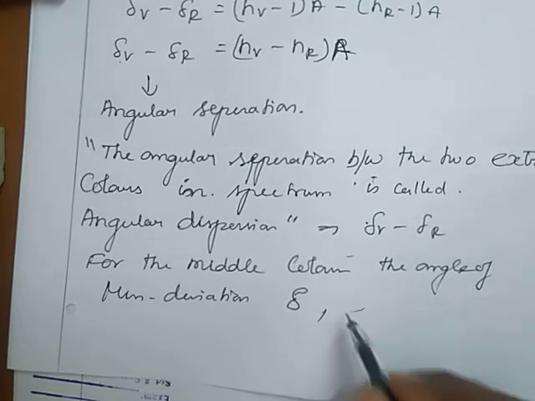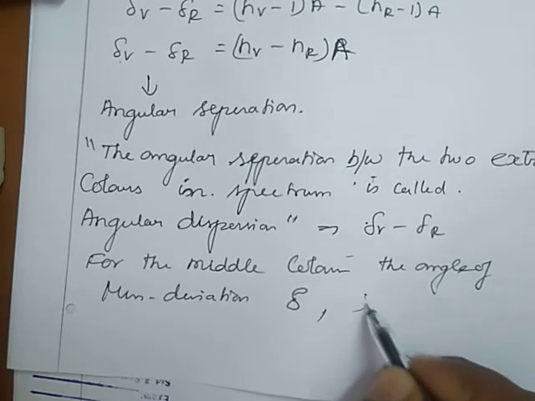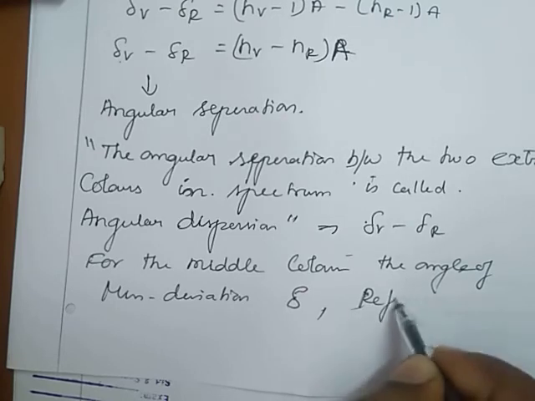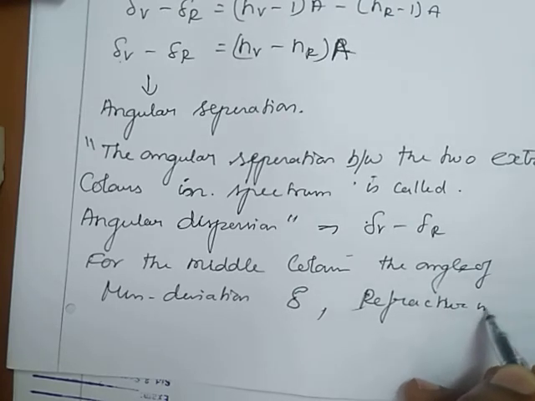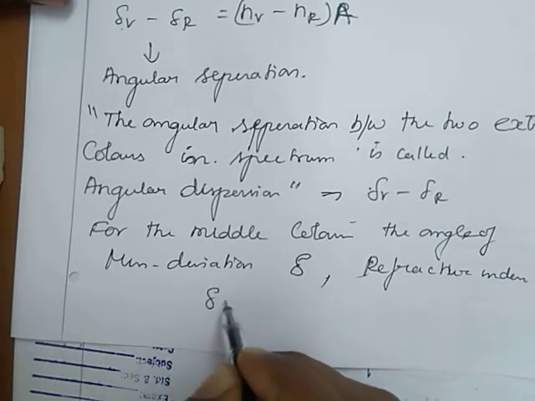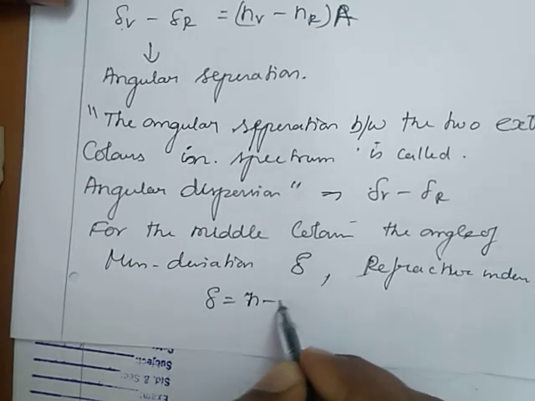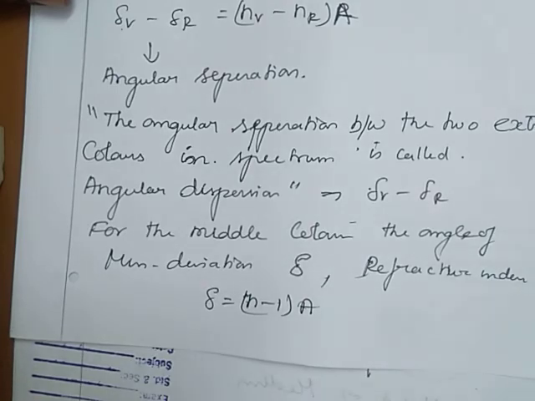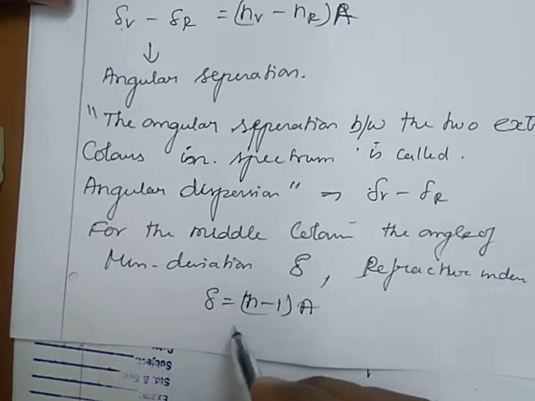The refractive index of that color I consider as n. So we can write δ is equal to (n minus 1) into A.